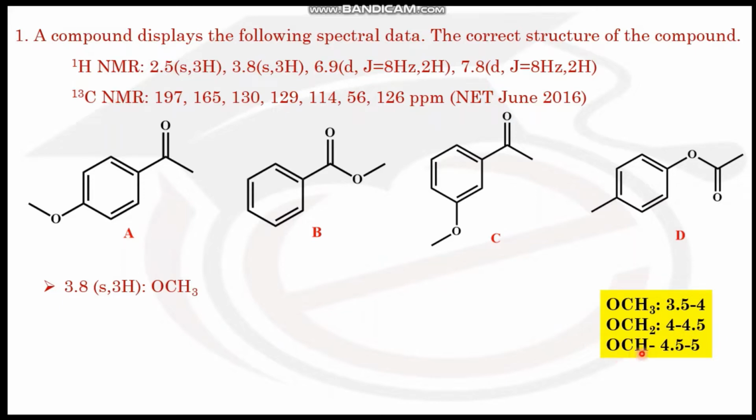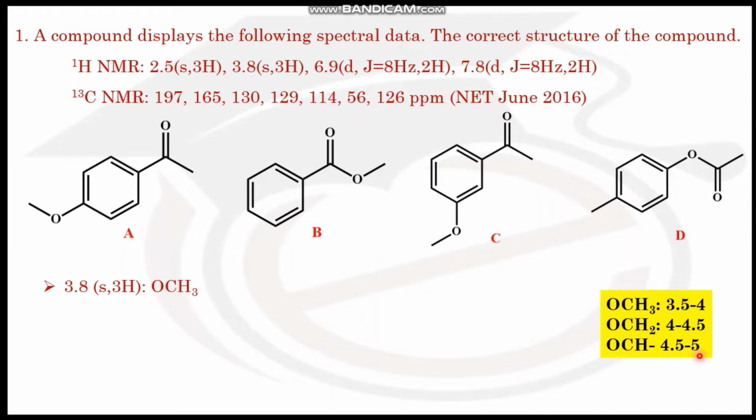If there is an OCH group, the value will be 4.5 to 5. You can remember these values very easily: 3.5 to 4 means OCH3, 4 to 4.5 means OCH2, and 4.5 to 5 means OCH, and 3.8 singlet 3 hydrogen means the presence of OCH3.